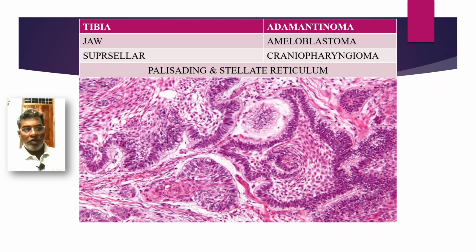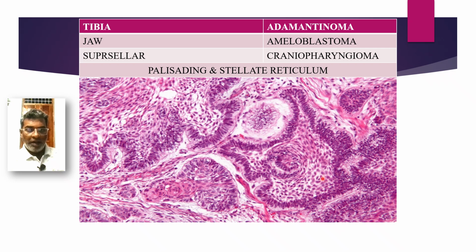One is you are appreciating palisading, and the second one is stellate reticulum. This is palisading. You can appreciate, right? This is all palisading again. So this is also palisading. Entire palisading of cells is there.